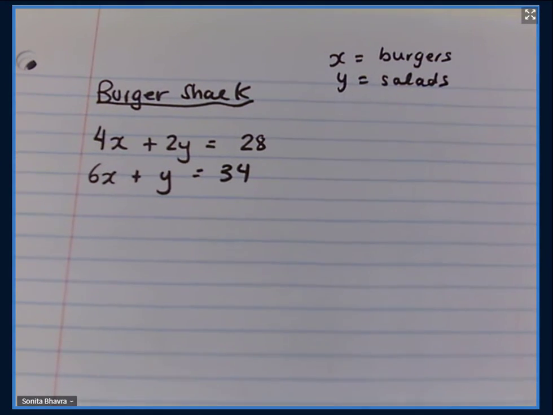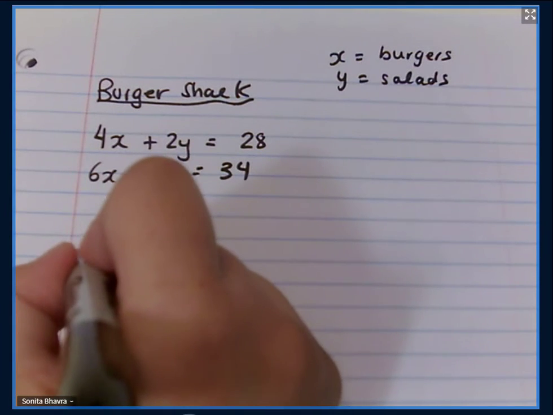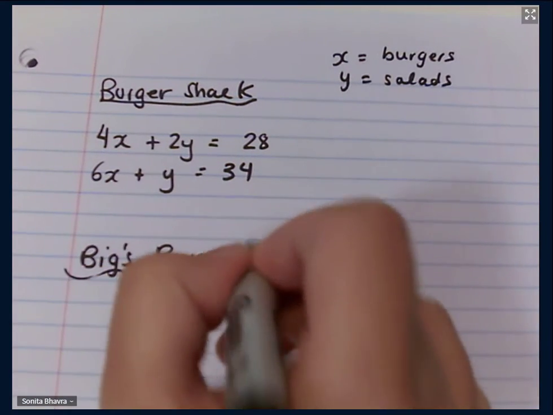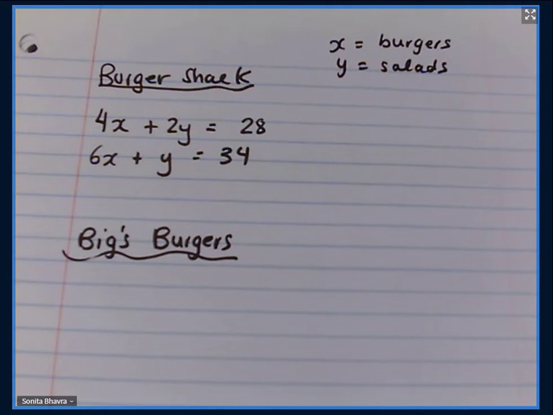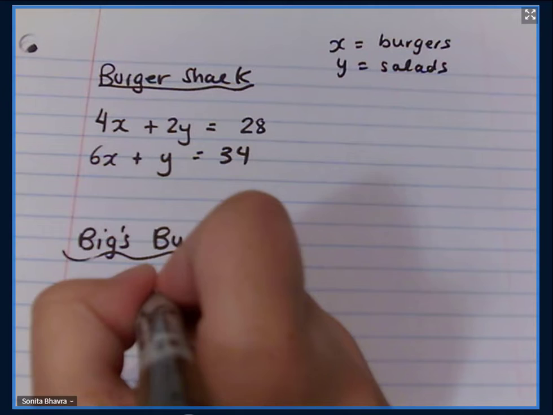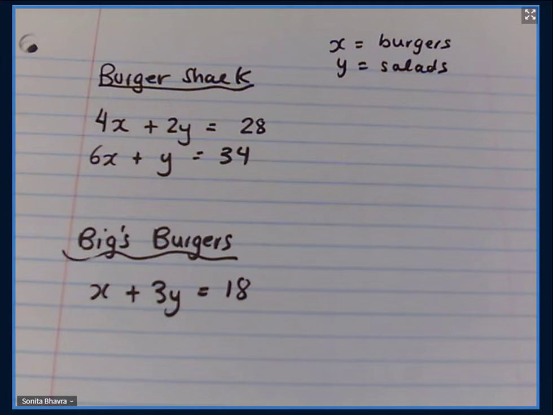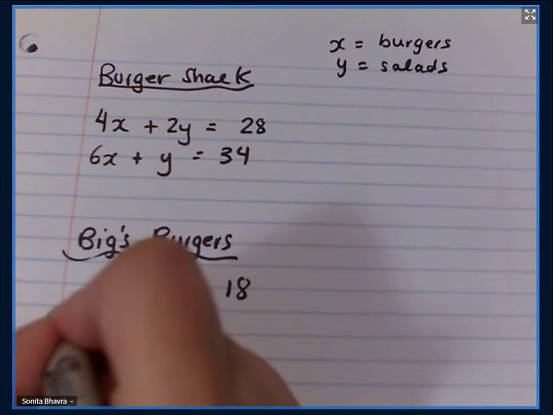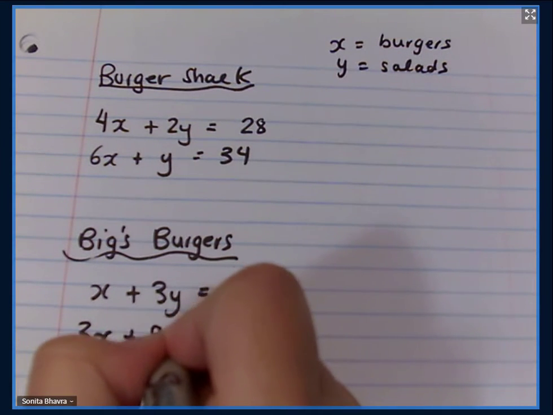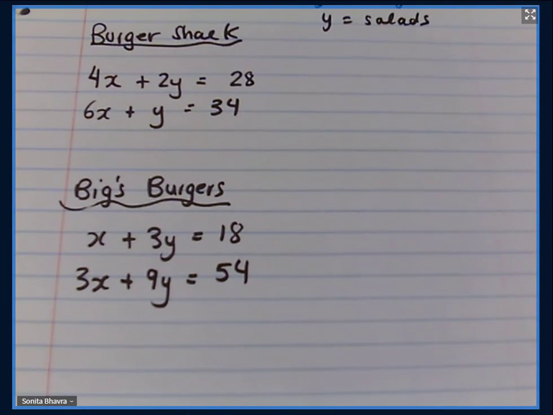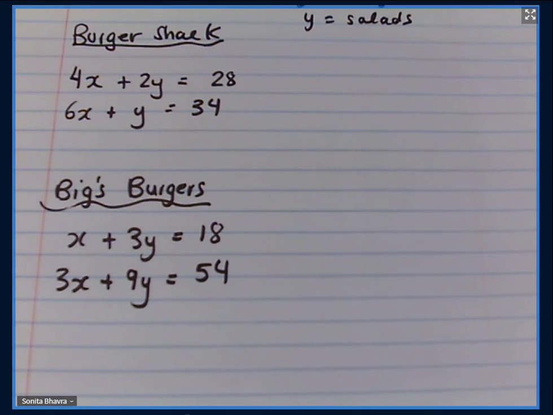And then Big's Burgers was the second place. Shelly charges $18 for a burger and 3 salads. So 1 burger and 3 salads cost $18. And the second order was $54 for 3 burgers and 9 salads. So 3x plus 9y is equal to 54. And then the last place was Burger Haven.